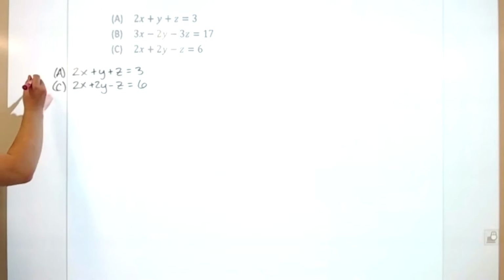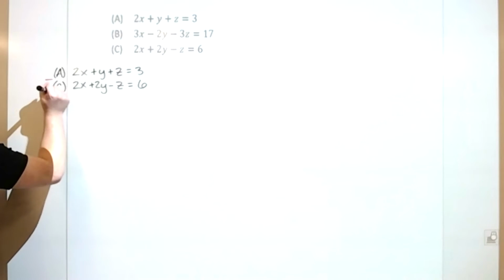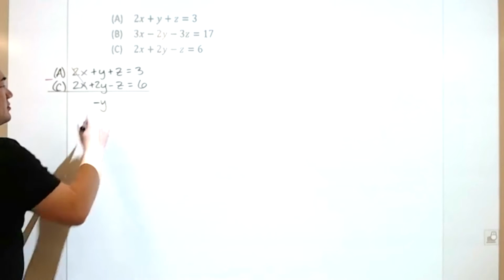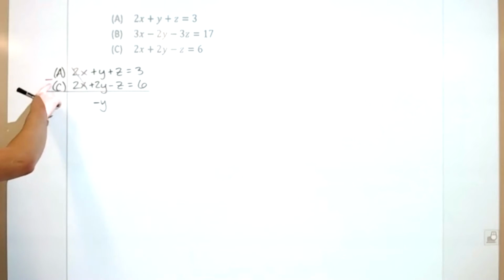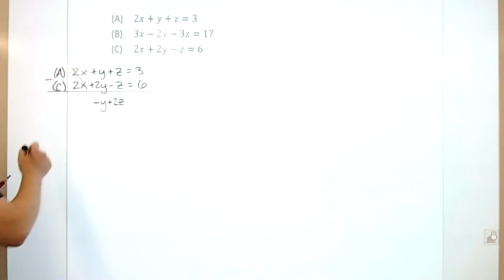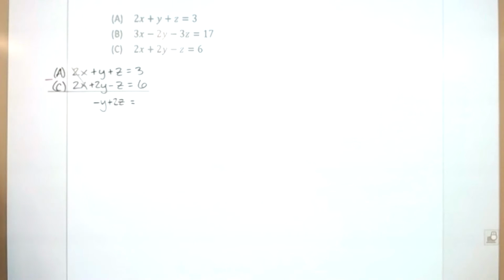So I'm going to go ahead and subtract these equations, subtracting C from A. The x's will get eliminated. 2x minus 2x goes to 0. y minus 2y is going to be negative 1y, so just negative y. z minus negative z is going to make plus 2z, because I'm subtracting a negative. And this is equal to 3 minus 6, which is negative 3.